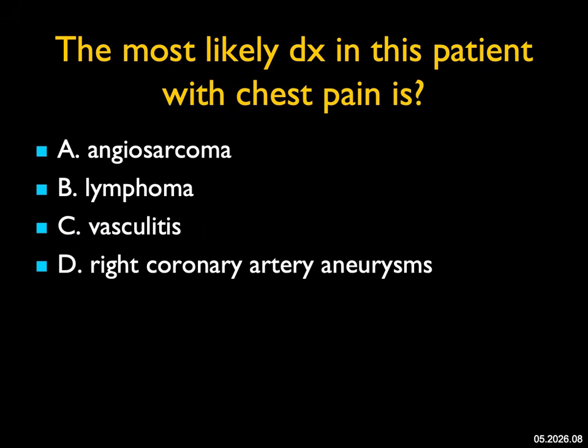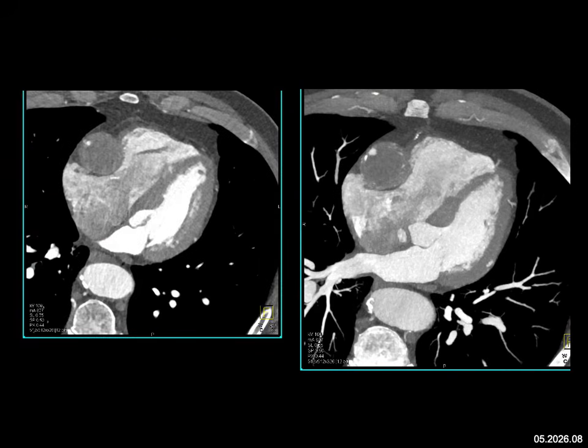The most likely diagnosis in this patient with chest pain, well, when you look at these cardiac images, you see a mass that arises from or involves the patient's right coronary artery. Now, angiosarcomas commonly involve the right atrium, but you see mass effect.